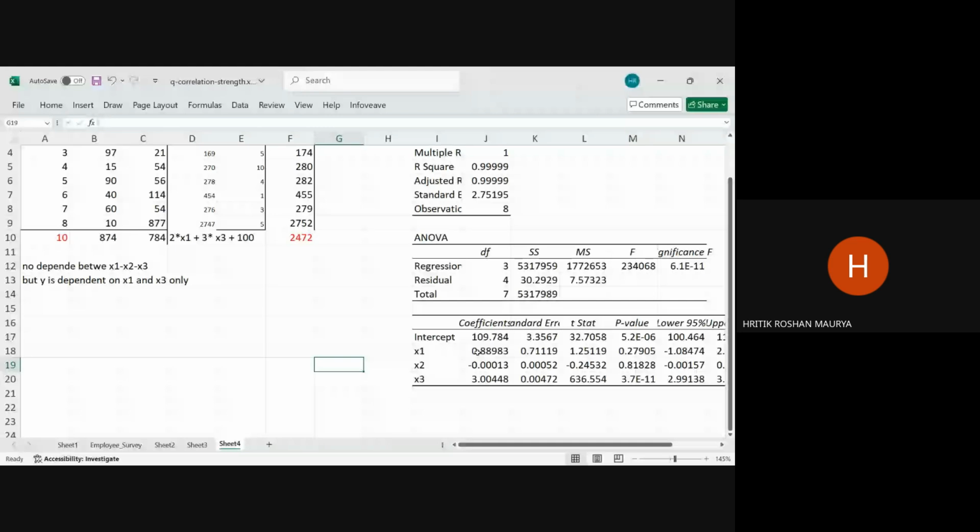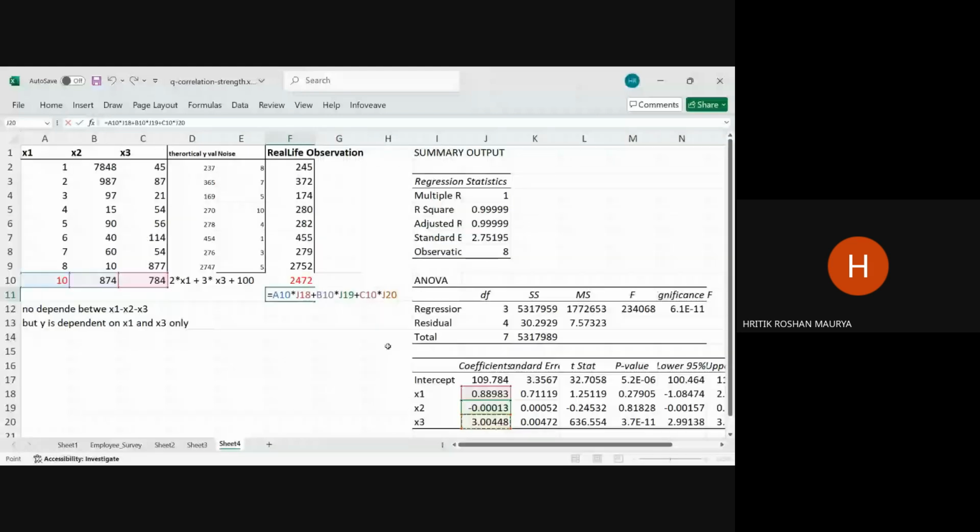If I predict the value here, x1 times this coefficient plus x2 times this coefficient plus x3 times this x3 coefficient plus this intercept value.